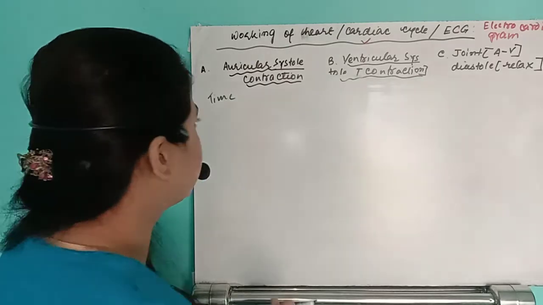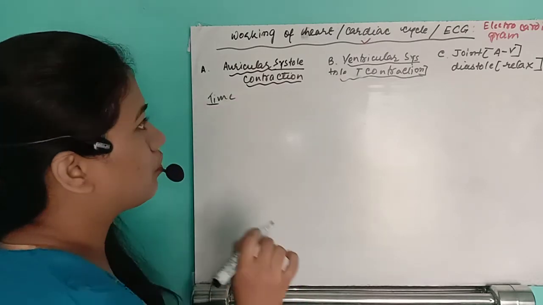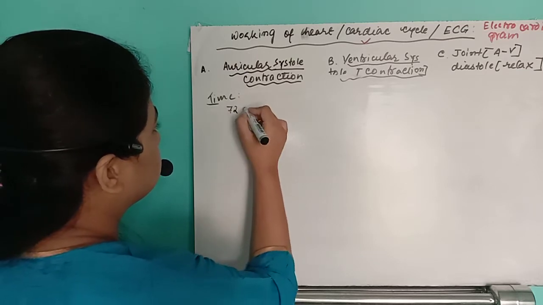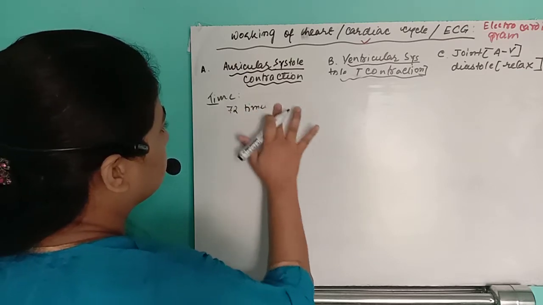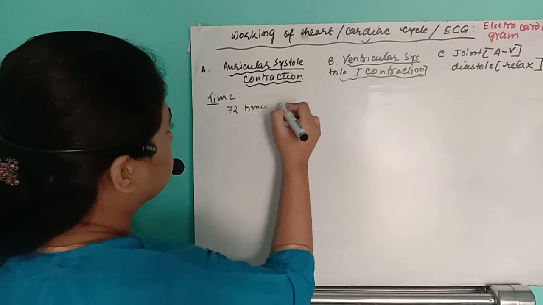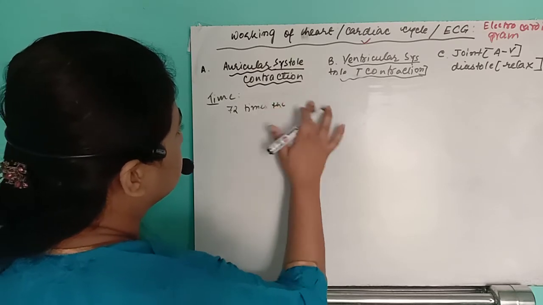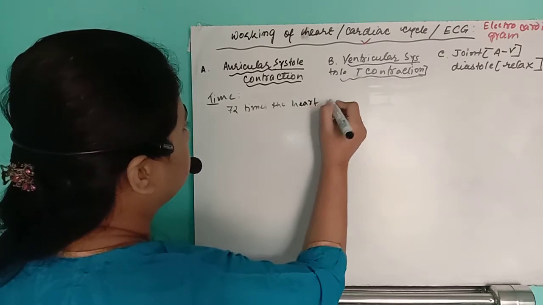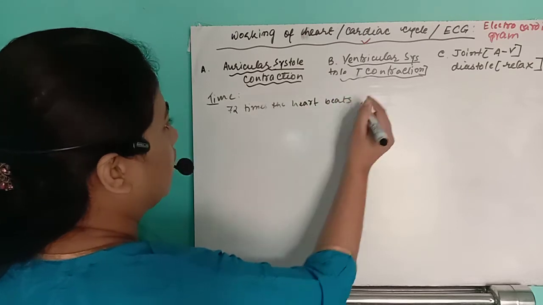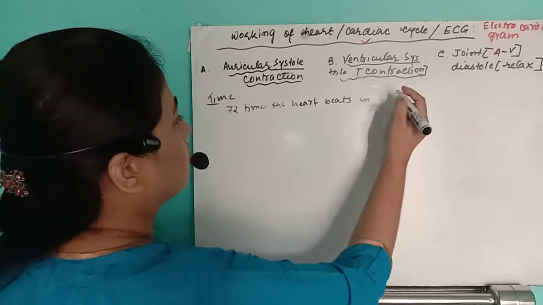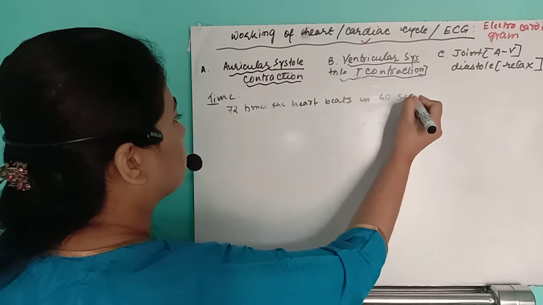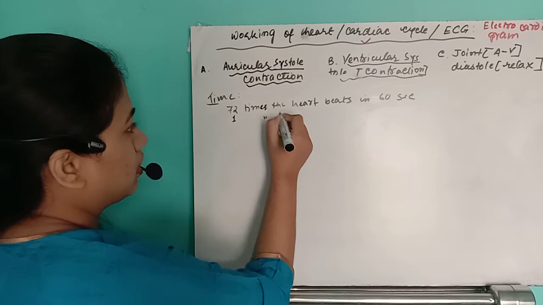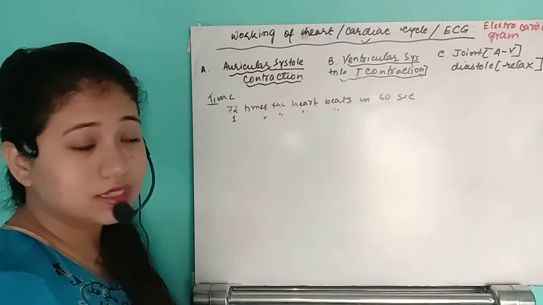If the heart beats 72 times in 60 seconds, and the heart needs to beat only one time, how many seconds does it require?